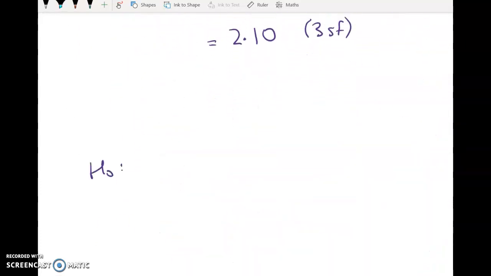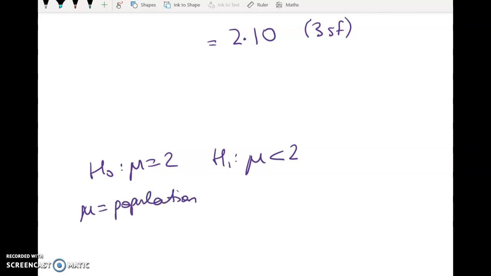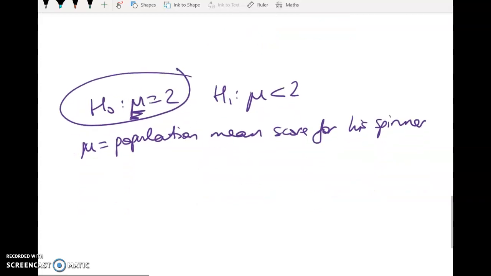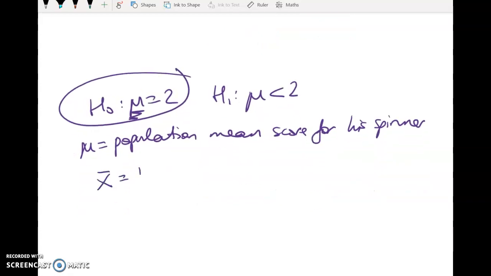So H0: mu equals 2, H1: he thinks it's biased, mu is less than 2, and we have to say mu is equal to the population mean score for his spinner. Right, it's not enough just to say that. You've got to say what on earth is this mu thing that we've worked out. Right, and we've got x bar is equal to 1.86.